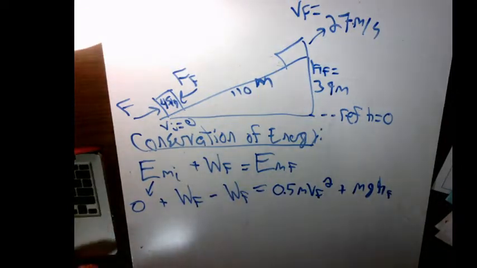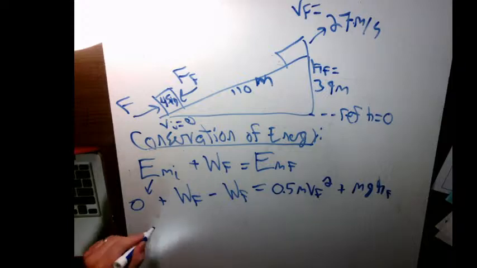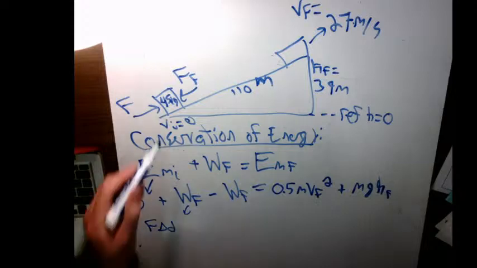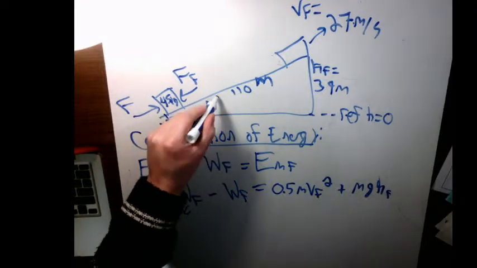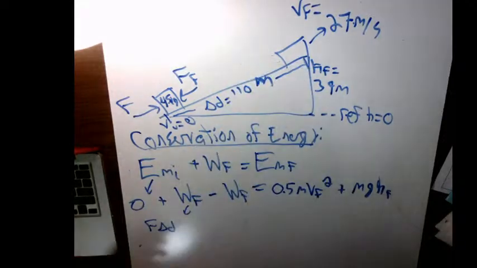All right, they tell us the average work done by friction. We're looking for the force due to this guy. So we have, for both of these, a force over some distance, which is actually going to be the same distance. It's going to be that 110 meters.